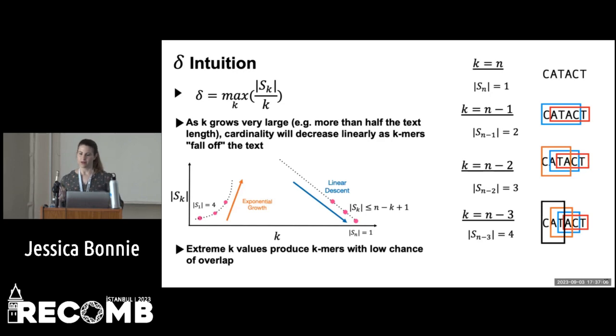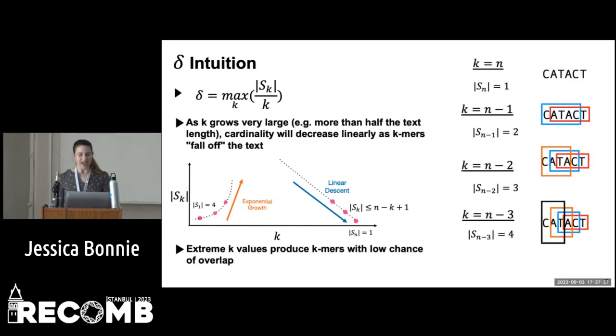Okay, so what happens in the middle? We find our maximum sequence cardinality and its associated k value right there in the middle, and that'll be dependent on the data, but generally there's a plateau where cardinality may be fairly similar between k's. This is where the ratio in the delta equation becomes relevant. Delta captures the point of diminishing returns before the start of the decline.